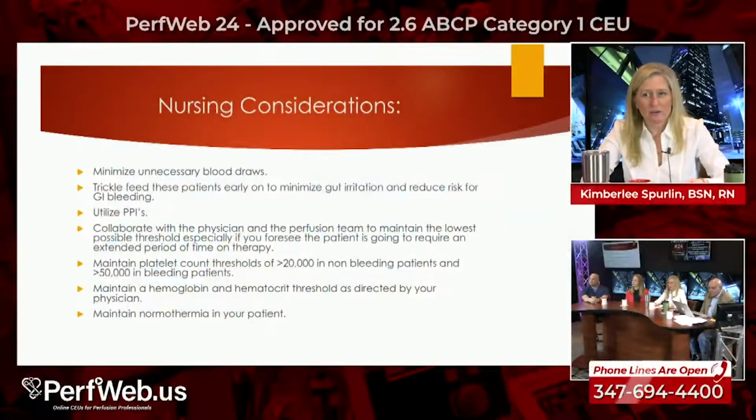Wanted to throw a slide up here, of course, about nursing considerations, minimizing unnecessary blood draws. So a lot of times, depending on what kind of patient, like ARDS patients, when we put them on, and they've got any hint of renal dysfunction, we push early for initiating CRRT with these guys as soon as we put them on.